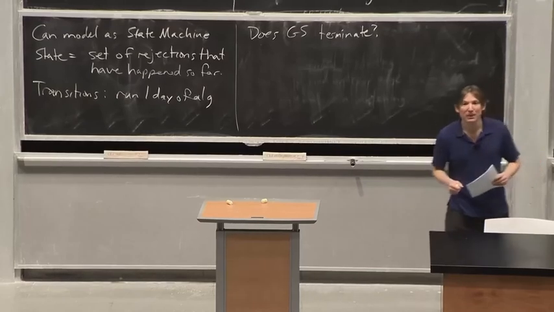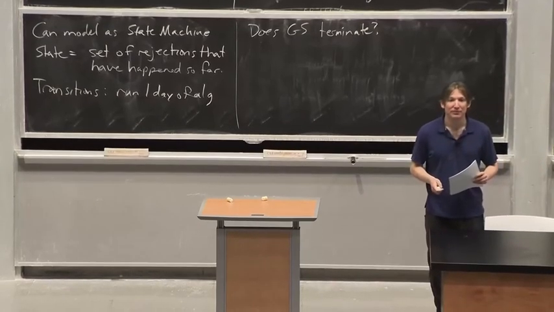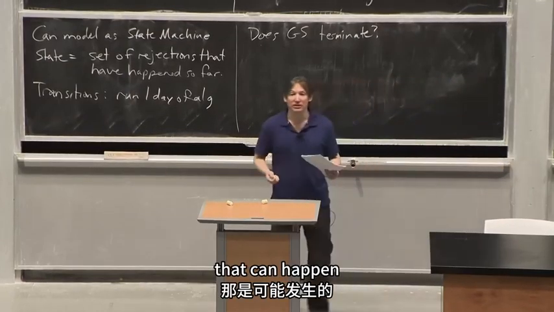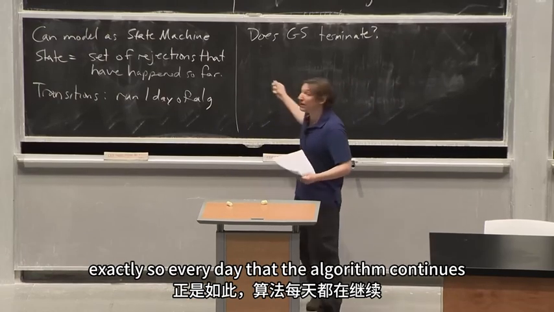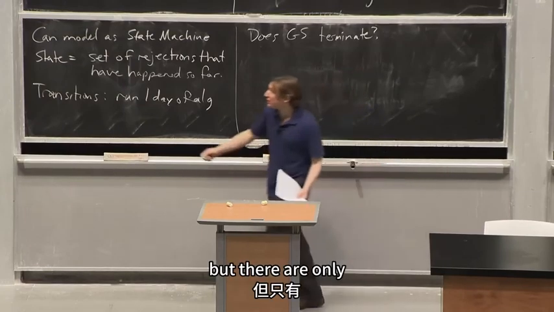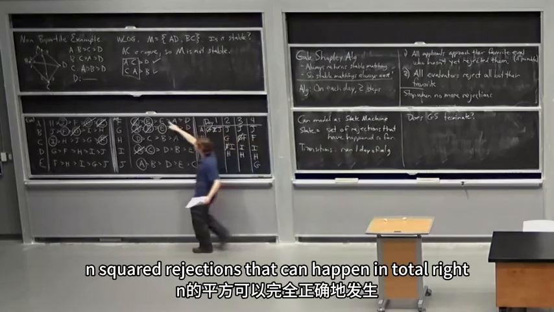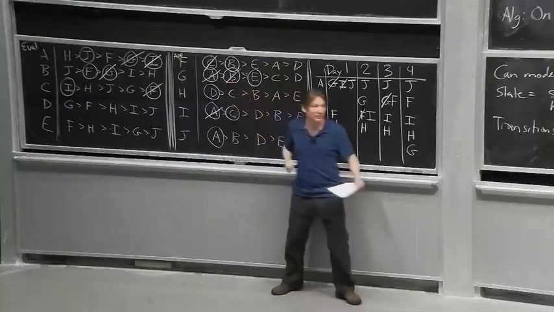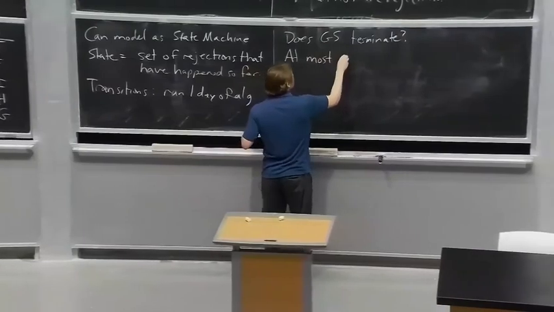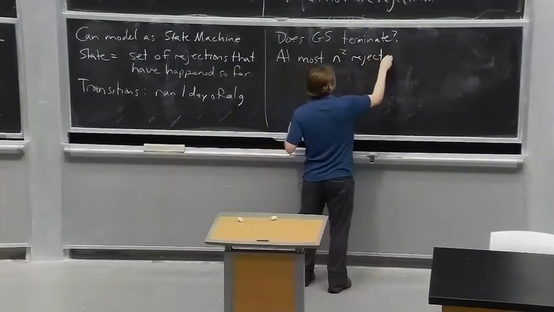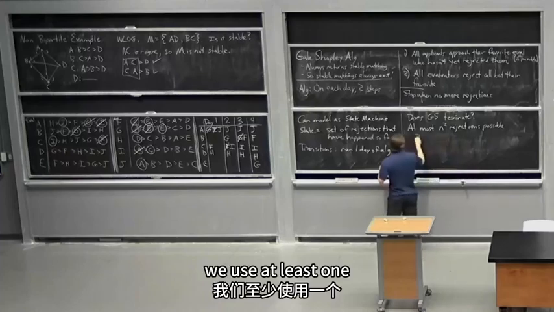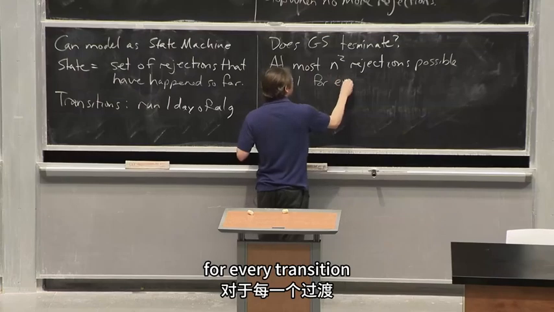Yes, down here. I mean, there are only a limited number of rejections that can happen, and then they run out. Awesome. Exactly. So every day that the algorithm continues, at least one rejection happens. But there are only n squared rejections that can happen in total, right? So there are at most n squared rejections possible. We use at least one for every transition.